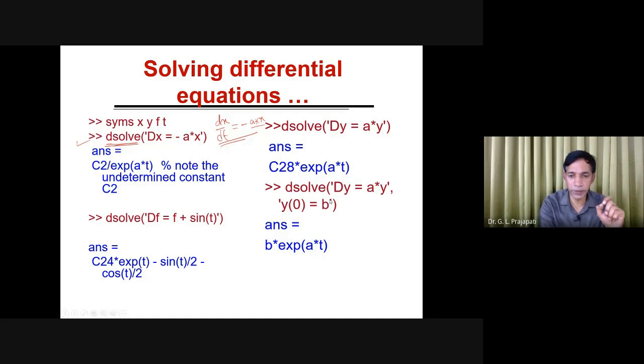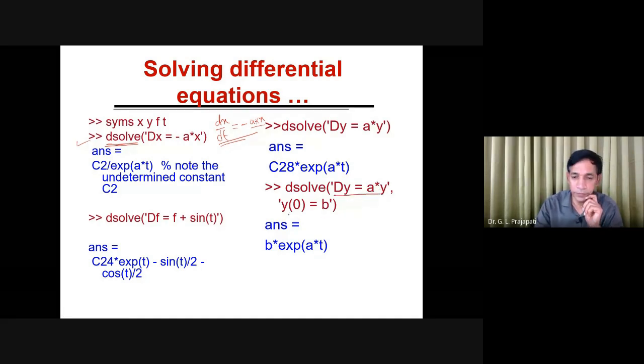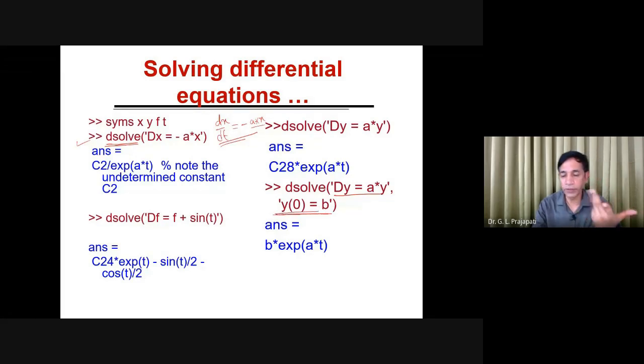Now, in the case of this, you have this equation, and you are told that this is also given to you. So with the help of this, you can determine the constant value, and then the constant is not here. So if you don't know how to solve this, you can learn at home, or if you don't want to learn, you just use MATLAB. Once you use MATLAB for solving the differential equation, you can get it directly.